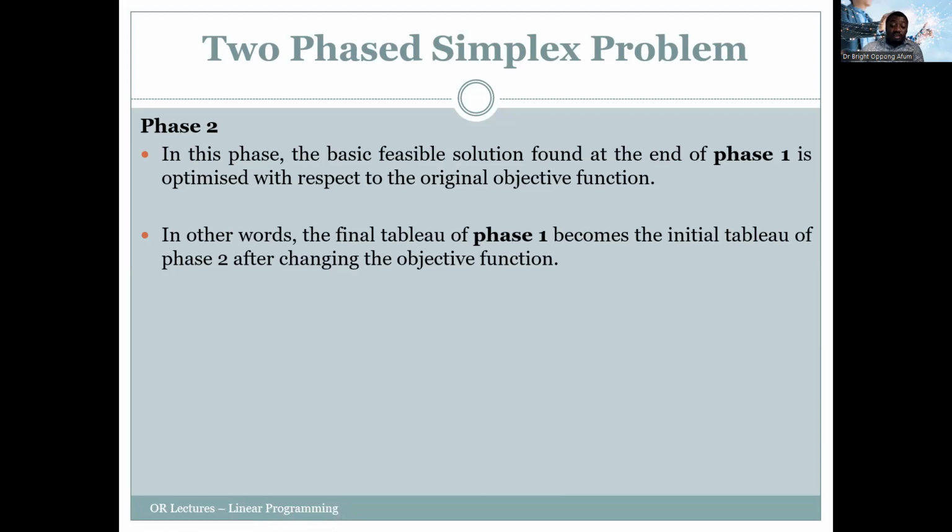In the final tableau of phase one, which becomes the initial tableau of phase two, the objective function will change. However, we change the objective function, meaning that the Cj's will be changed, and therefore the Cb's, the coefficients of the basic variables, will also change.